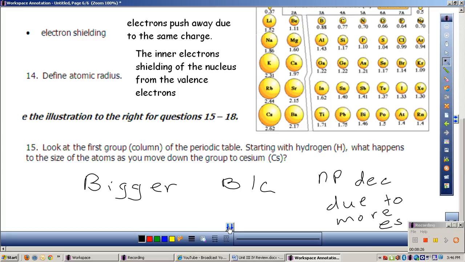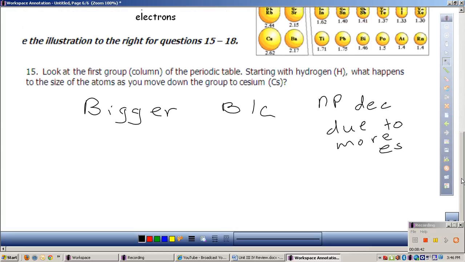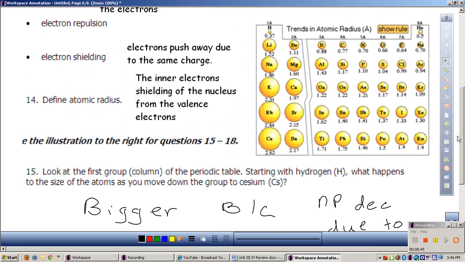That's what we're going to call it. So the nuclear pull decreases due to more electron shielding. Okay? Questions? Yes, sir.